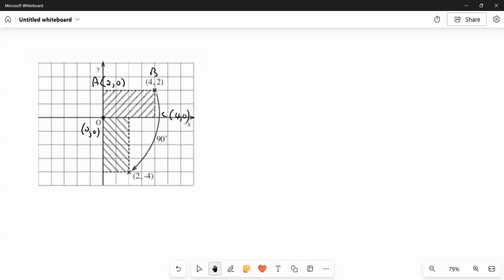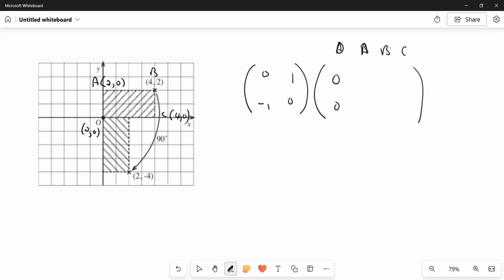Good. So the matrix for a clockwise rotation of 90 degrees is this matrix here. 0, 1, minus 1, 0, right? And we're going to multiply it by O, A, B, C, right? Let's see. So 0, 0, A is 2, 0, B is 4, 2, and C is 4, 0, right?